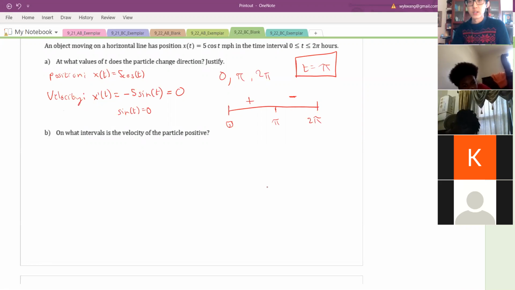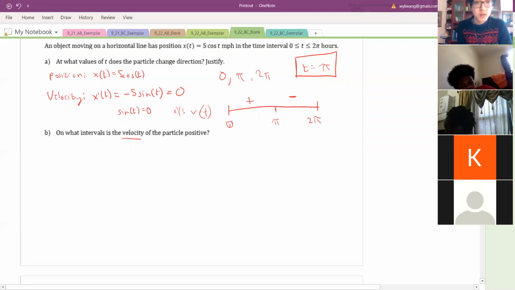Would you be able to come off mute and share how you got this answer? I got this answer because I looked at part A, and from 0 to pi it's positive. Yep, exactly right. So that's all you have to do. We did all the work we needed to do in the first part. Remember, this is a chart of velocity, v of t or x prime of t, however you want to express it.